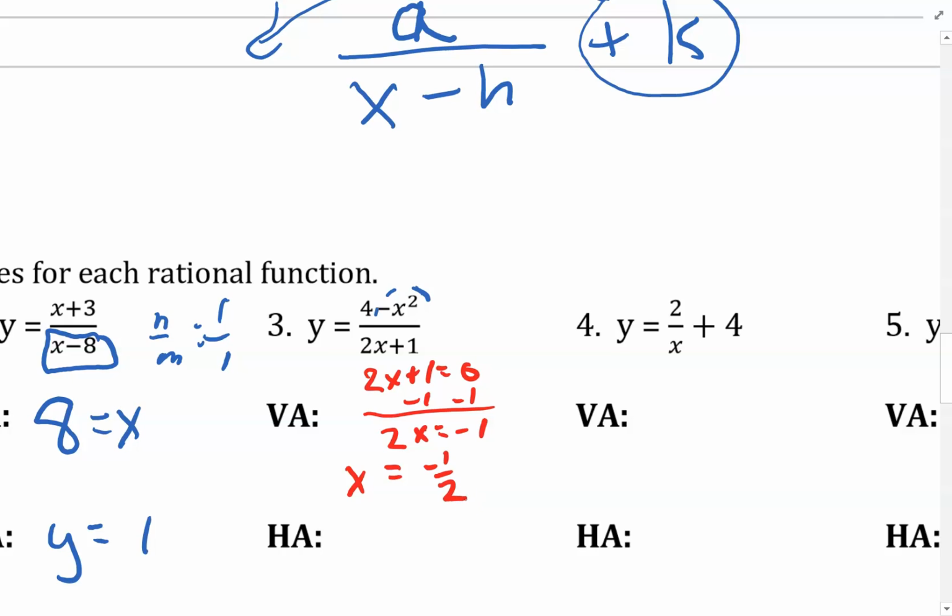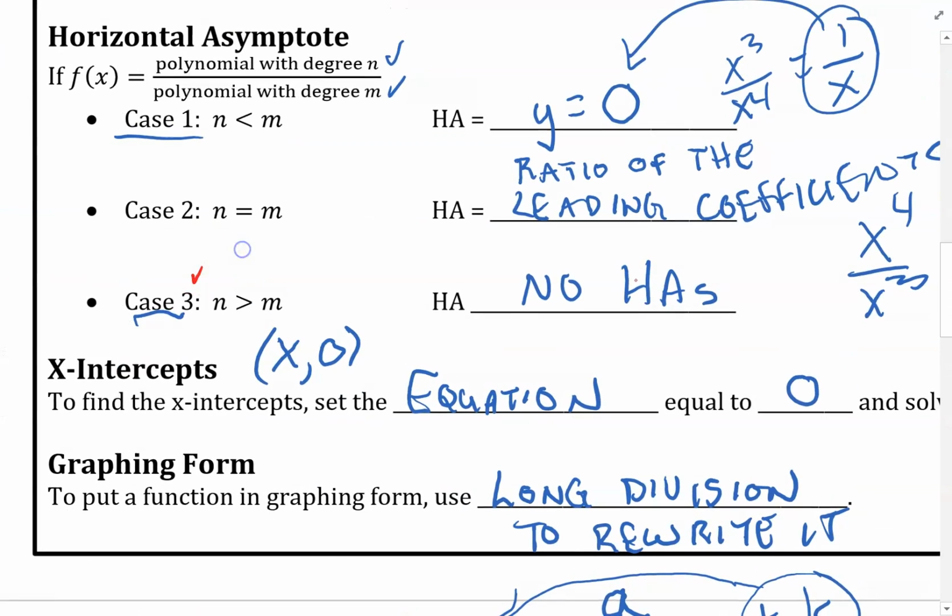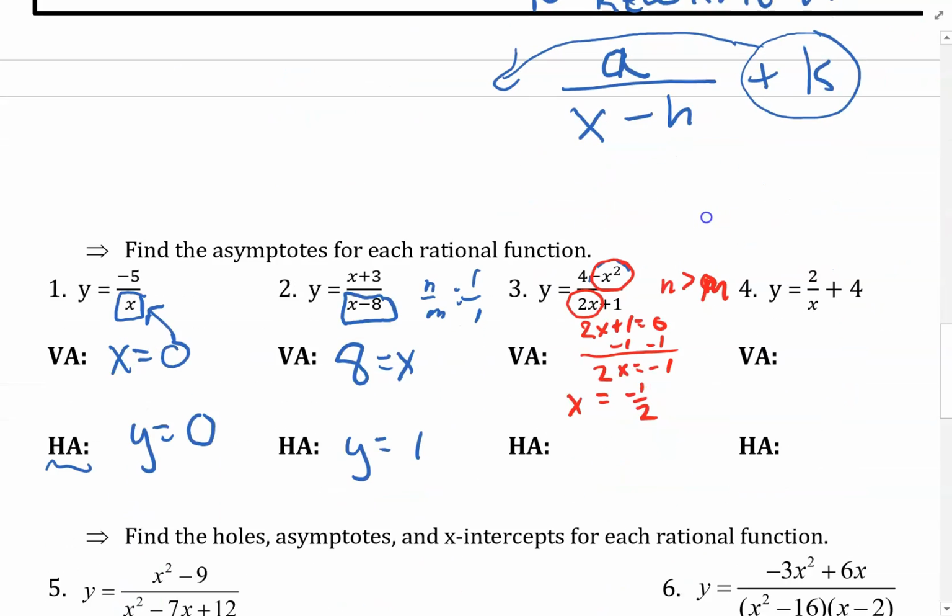Our horizontal asymptote, well, we have n, which is squared, and we have m, which is a power of 1. So n is greater than m. We look back at our table. If n is greater than m, there is no horizontal asymptote.